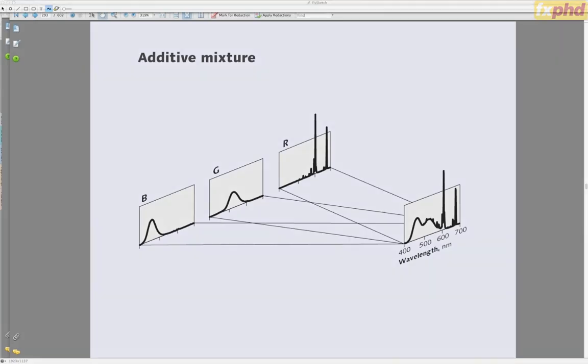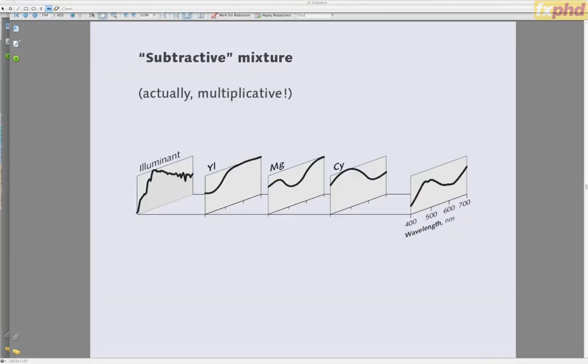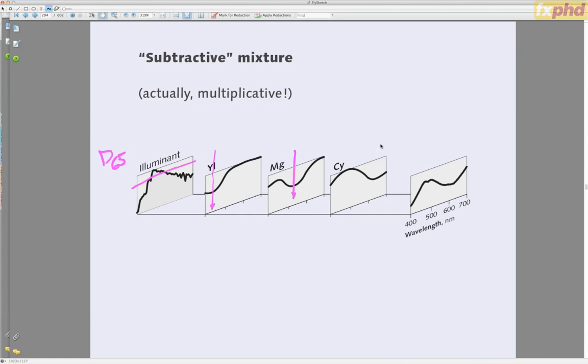Now, the other way that you can add is by starting with light that's rather uniform across the spectrum. And here I'm showing you D65 again. And then selectively removing some amount of short wave, removing some amount of medium wave, and removing some amount of long wave.